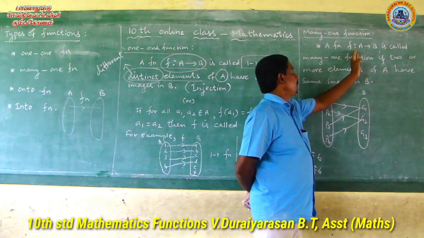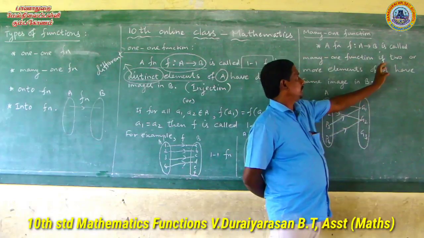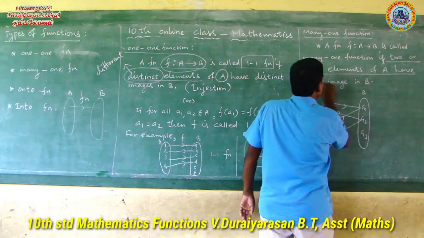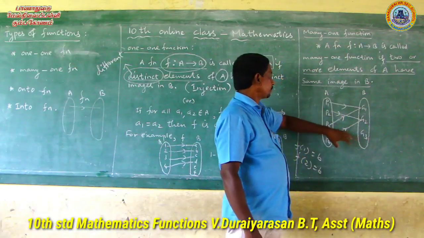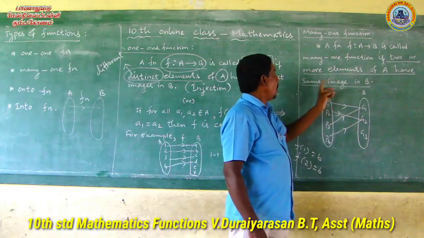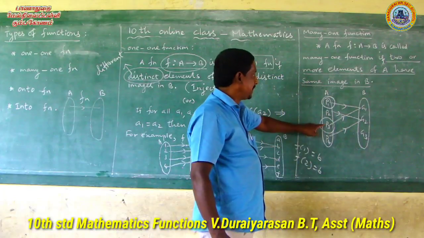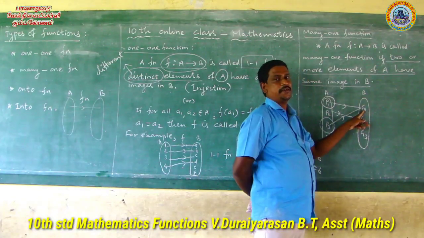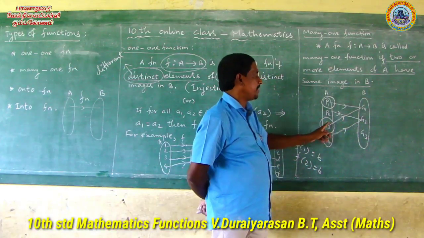A function f from A to B is called many to one if two or more elements of A have the same image in B. Here, P1 and P3 have the same image G1, and P2 and P4 have the same image G2.